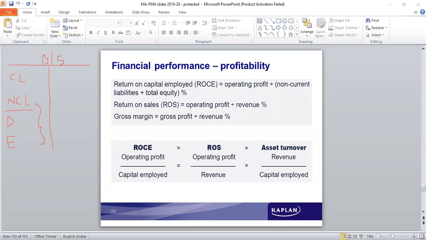The resultant figure is called operating profit, then we see less non-operating expenses and add non-operating incomes.